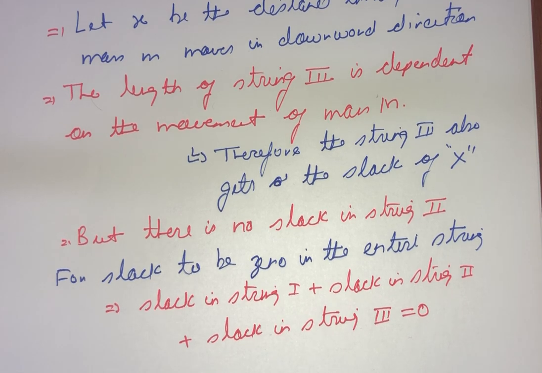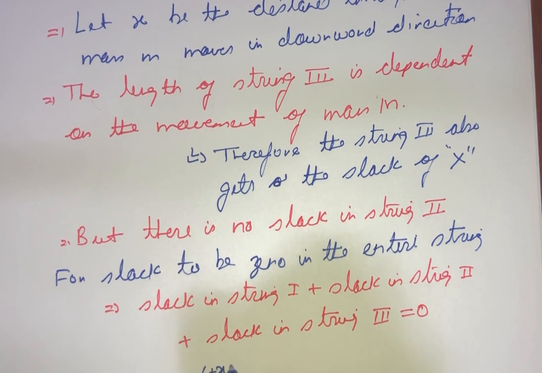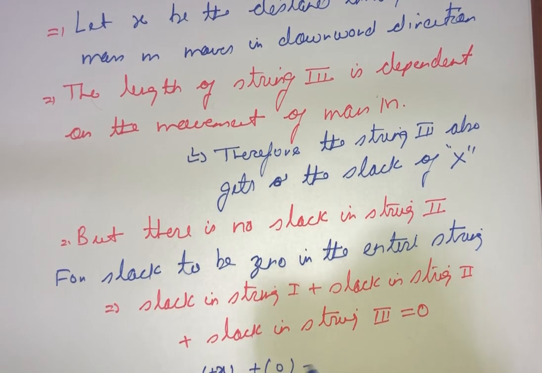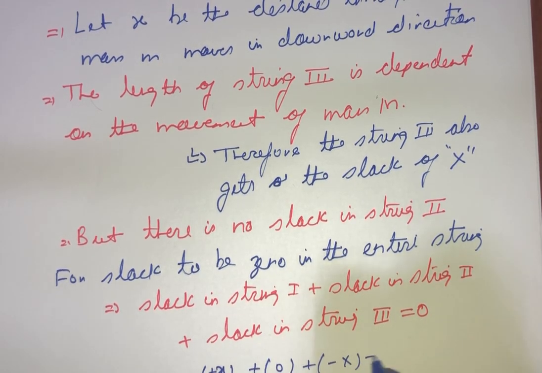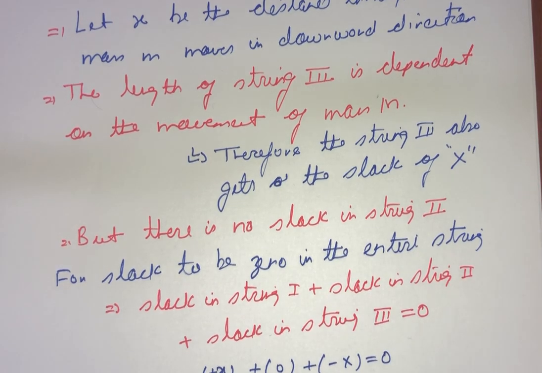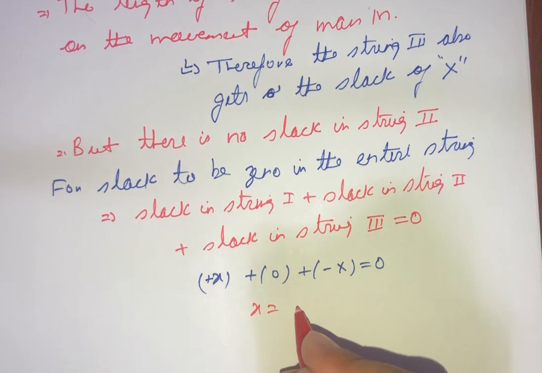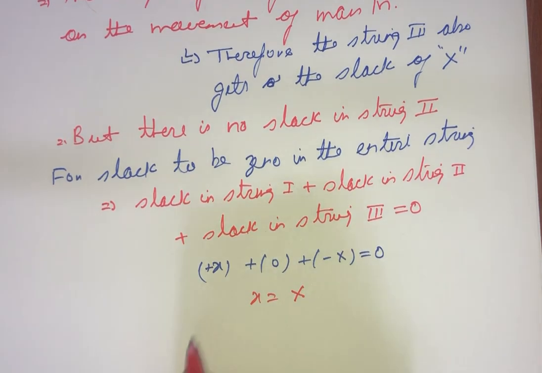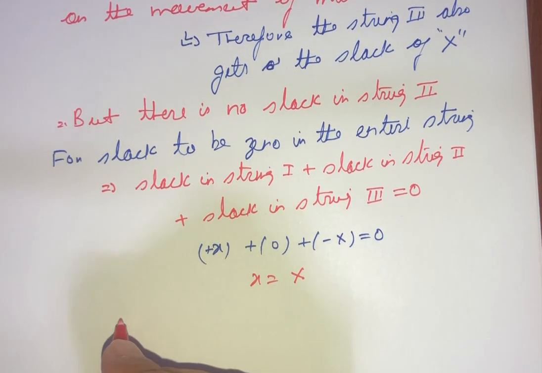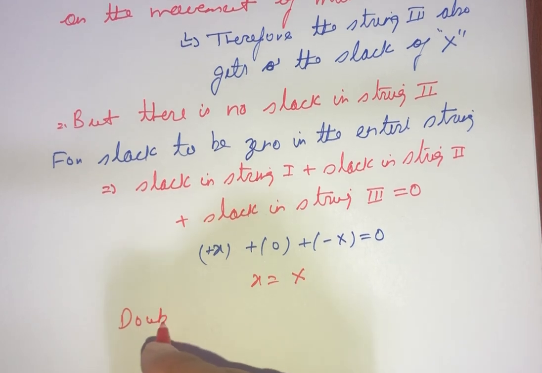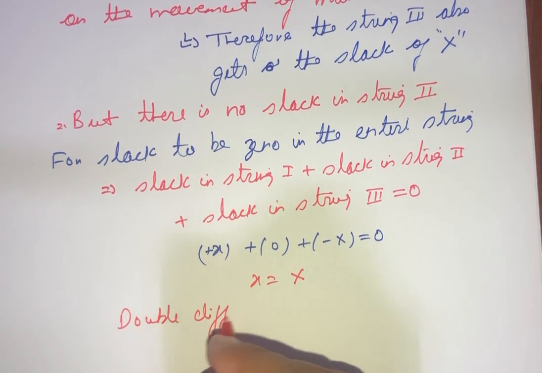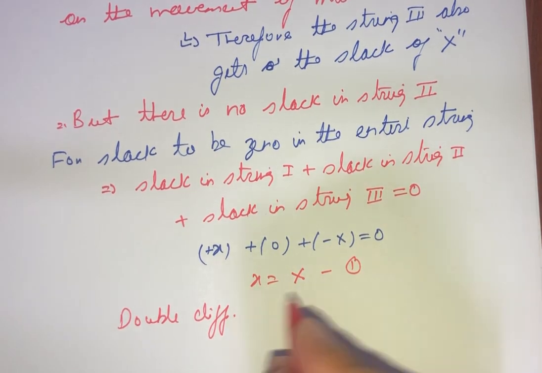Now doing the algebraic sum, we can say that positive x plus 0 plus negative X is equal to 0. So from here x is equal to capital X. Let this be equation 1.